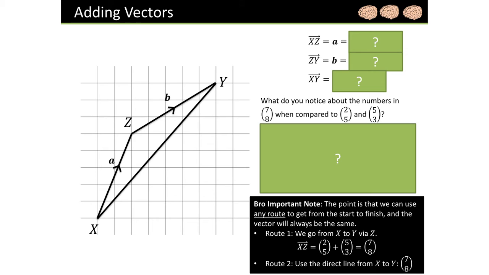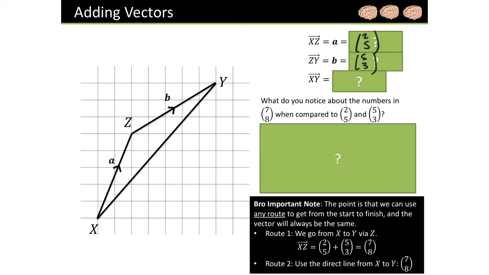So, here we go. This is actually what we looked at just a second ago, the same thing, okay? So, xz is A, which we already know what it is, yeah? It's 2, 5. Okay, zy is B, which is 2, 5, 3.